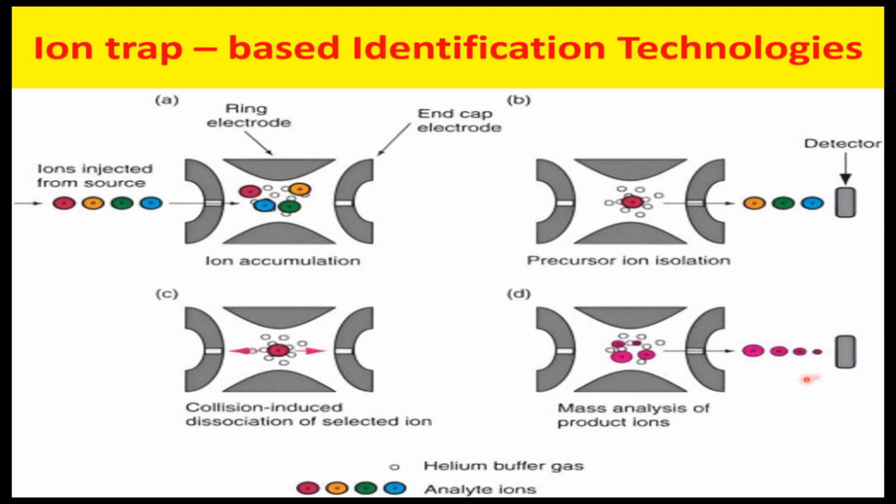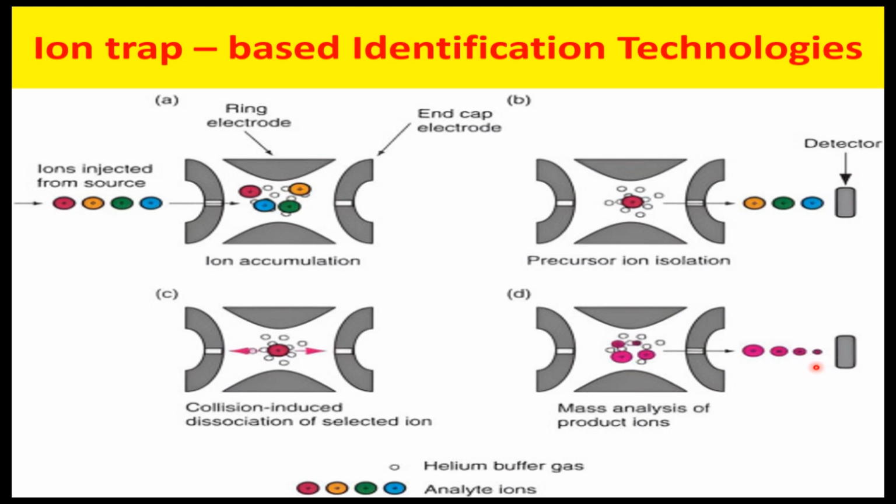They hit the detector at different speeds, creating peaks closer to the origin or farther from the origin according to their size and charge intensity. Obviously, you can see the smaller ion hits the detector faster than the bigger ion part. So that's about the ion trap technology.